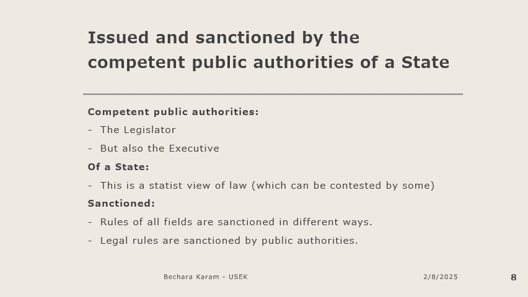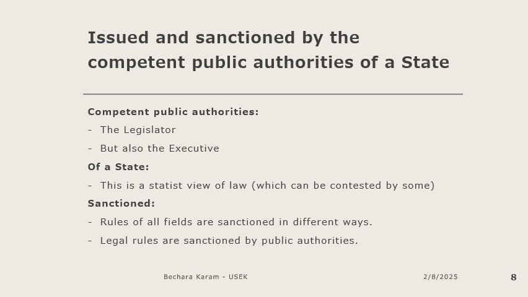So let's see if this element will allow us to distinguish law from other fields. Now, these rules are sanctioned. In a way, every rule is sanctioned. Can we really conceive of a rule which is meant to be applied without a sanction?